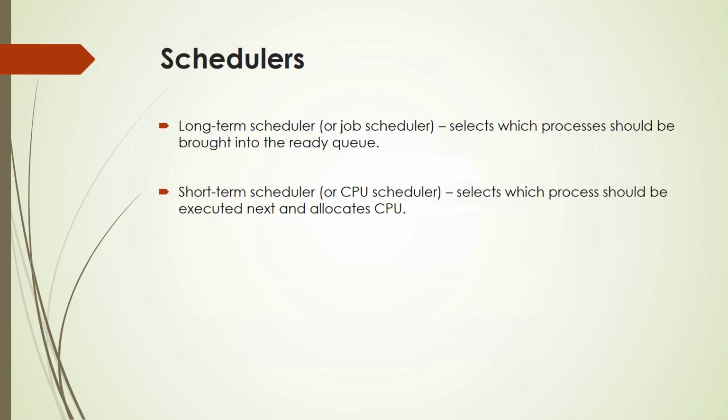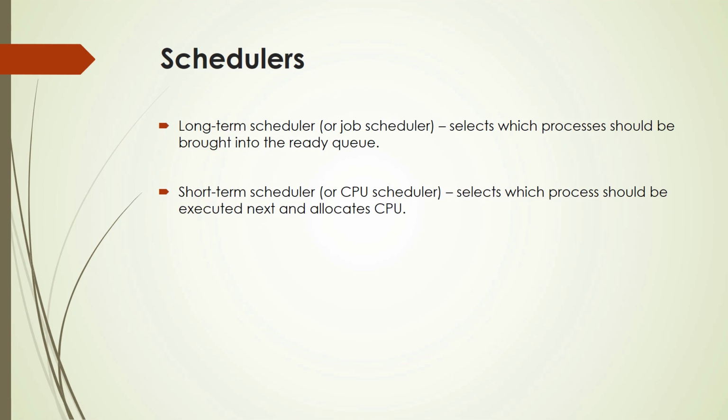Next we see scheduler. Generally there are 2 types of scheduler. One is called long-term scheduler and another one is called the short-term scheduler. Long-term scheduler is also called job scheduler. It selects which process should be brought into the Ready queue, from the job queue. The short-term scheduler, also called the CPU scheduler, selects which process should be executed next and allocates the CPU.